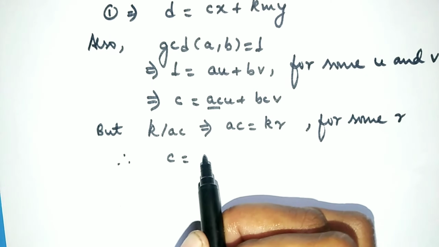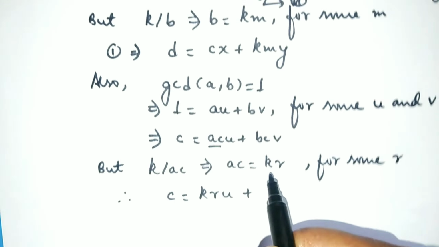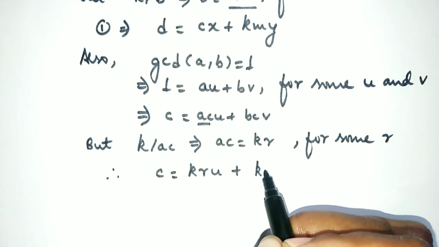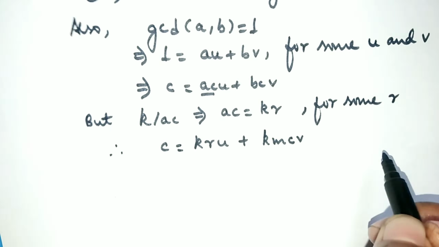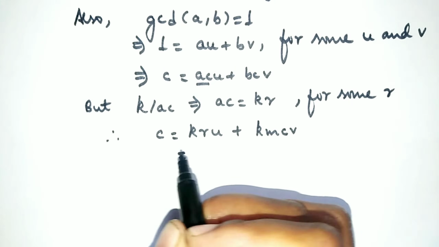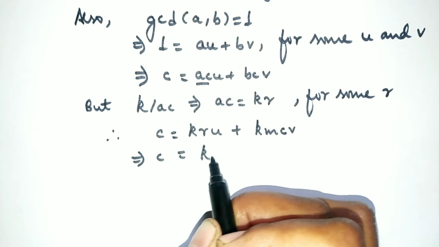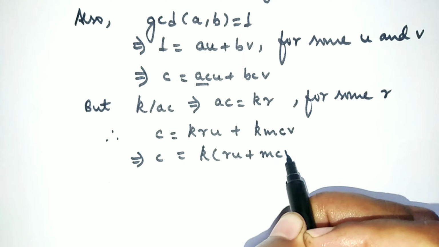In place of AC, I have KR. So KRU plus, what about B? B is KM. KMCV. Okay, so here we have K RU plus MCV.